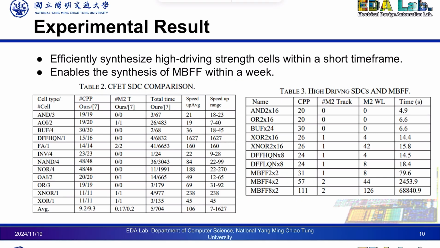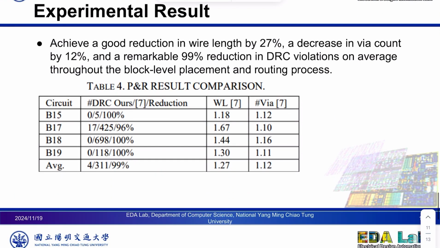We can also synthesize a high drive strength standard cell and a multi-bit flip-flop, which are not proposed by the state-of-the-art. And finally, in the block level analysis, we can achieve 99% DRC reduction.